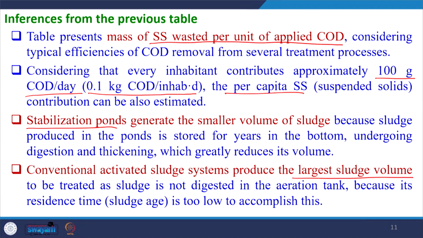This sludge is not digested in the aeration tank because its residence time, the age, is too low for any digestion. That is why a very large amount of sludge is produced from conventional activated sludge, where the residence time is only a few days.